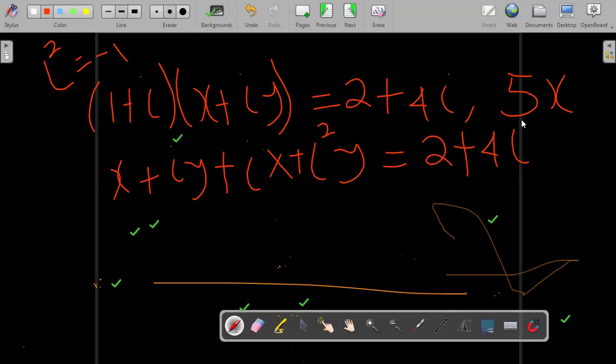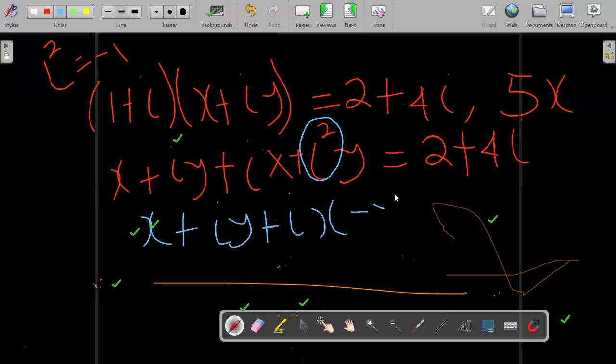I squared we said is minus 1, so I can replace this with minus 1. So I'm left with x plus iy plus ix minus y is equal to 2 plus 4i.